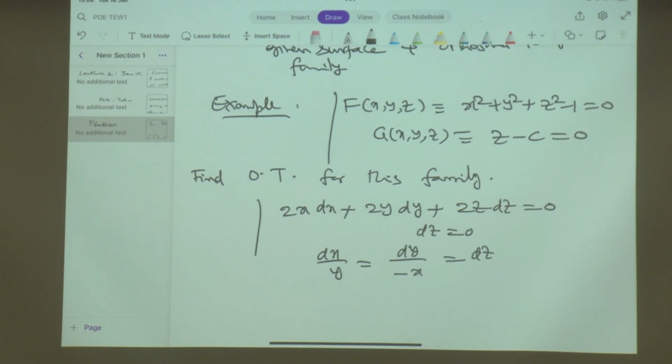Dz is nothing, dz is 0, so you can switch it off. So dz is 0 and you have x dx plus y dy equal to 0. From there you get this. Therefore y, minus x, 0 is the tangential direction to the given curves.